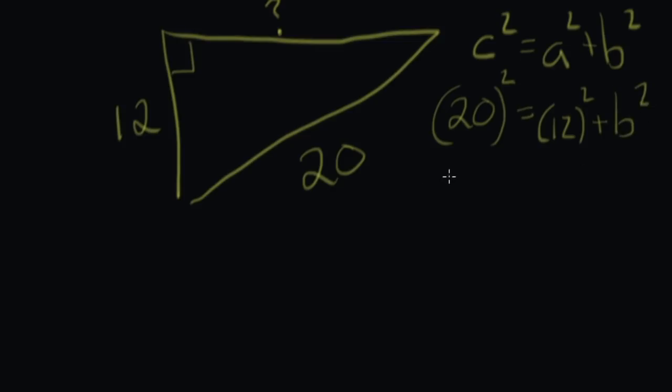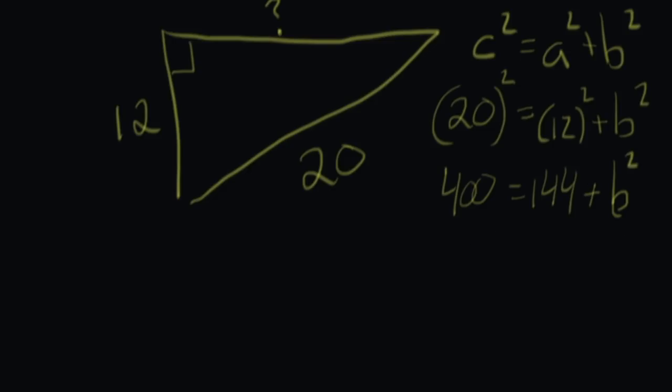So let's do some of our math. 20 squared is 400, and 144 is equal to B squared. Oh, sorry, it's going to be plus B squared. Let's get that eraser there. There we go. You can probably already start to guess that we're going to have to use some of our knowledge dealing with roots.